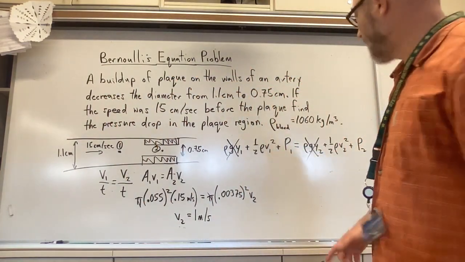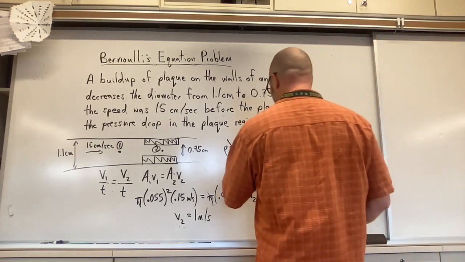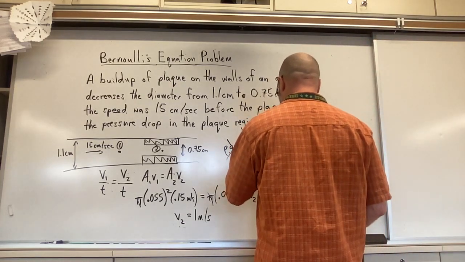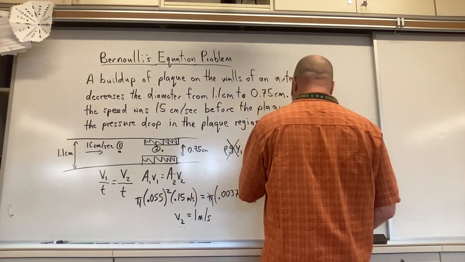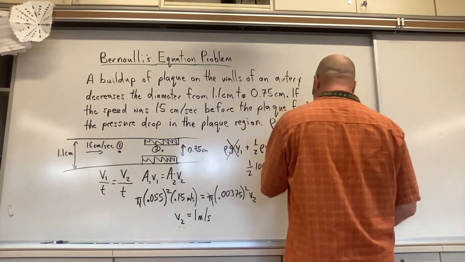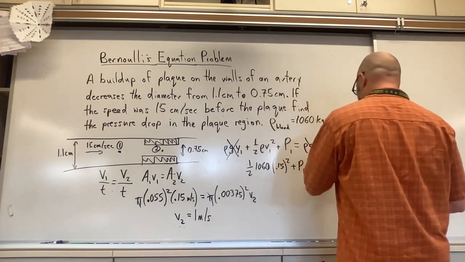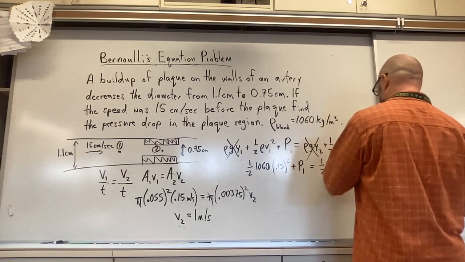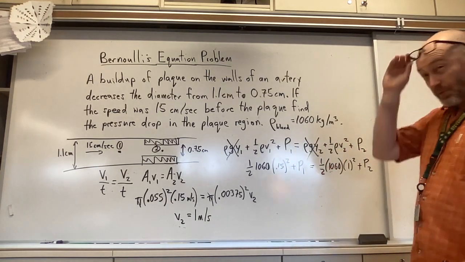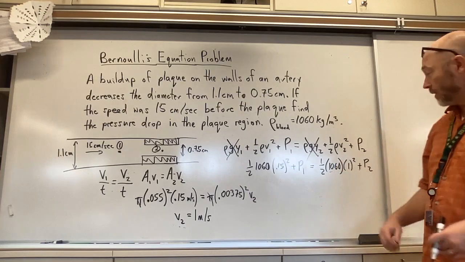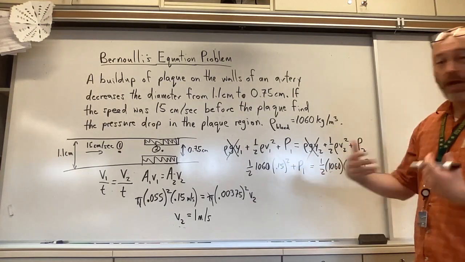So then I'm going to plug that into my equation. 1/2 times 1060 times 0.15 squared plus P1 equals 1/2 times 1060 times 1 squared plus P2. If we're trying to find the pressure drop, that would be P1 minus P2. That's how much it drops.